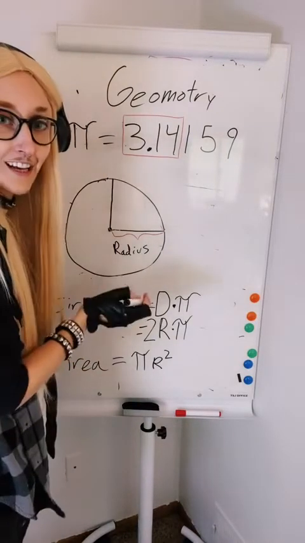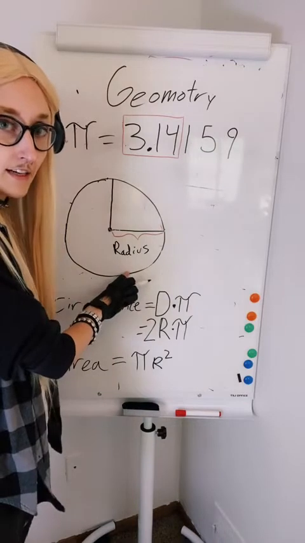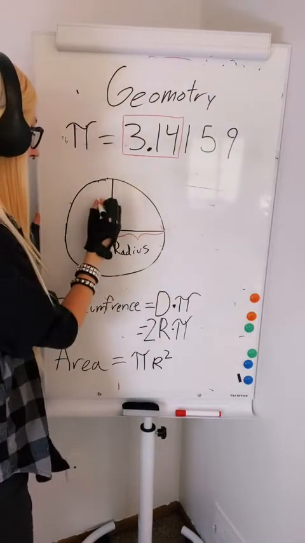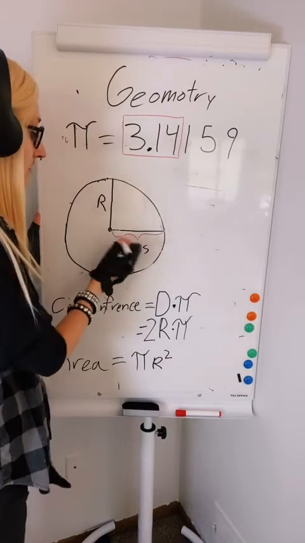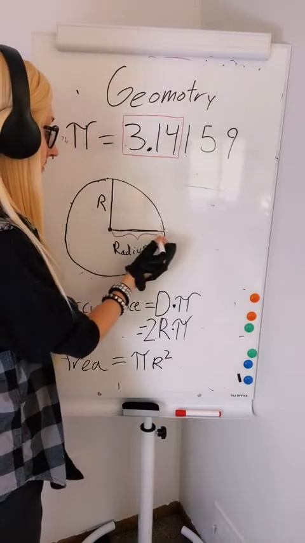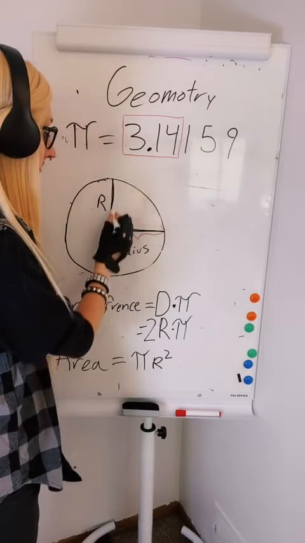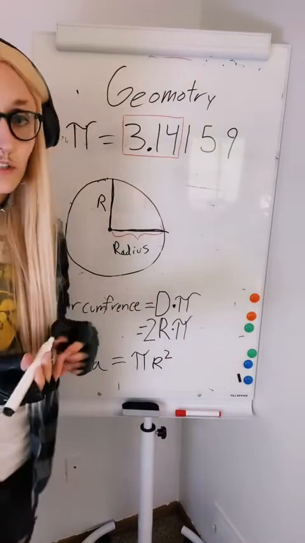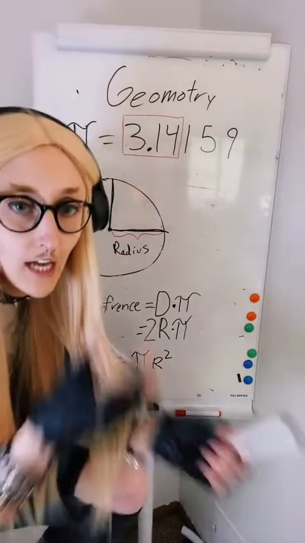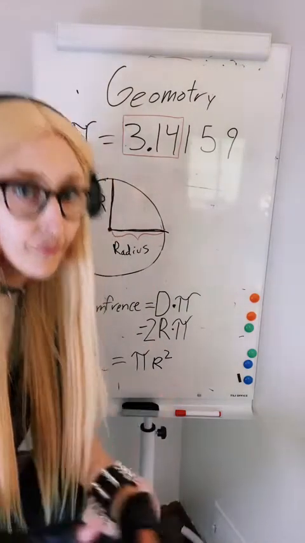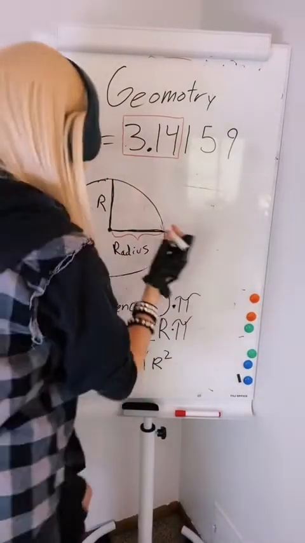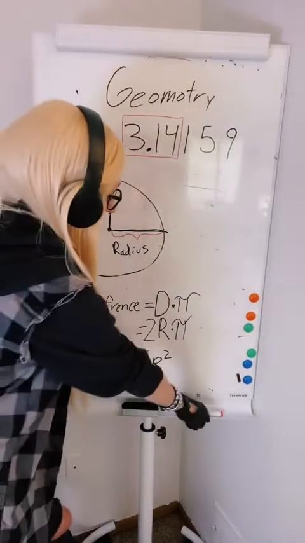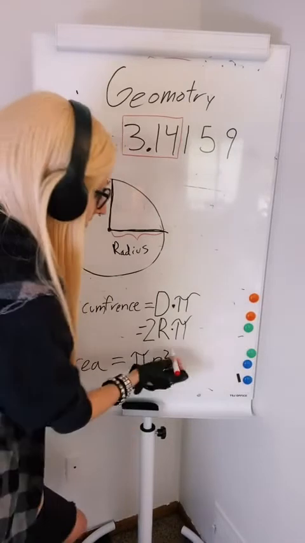It kind of looks like a clock. So this is my radius, and this is my radius. I'm just going to label it R for radius. It's half of my circle. So a radius is measuring half of my circle. We'll start with this part of the equation, r squared.